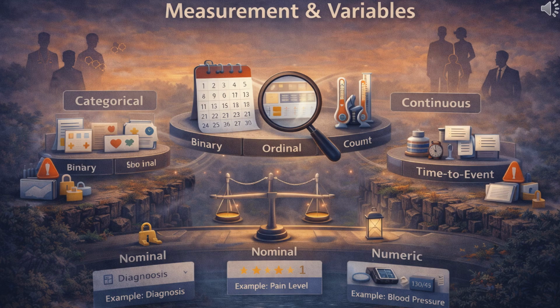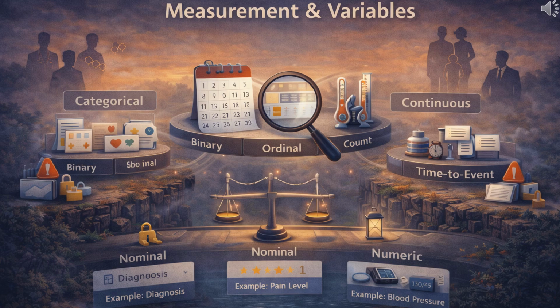For example, including a variable that is unrelated to both exposure and outcome usually does not reduce bias and can sometimes reduce precision by adding unnecessary complexity. Another example, excluding a true confounder because it is not statistically significant can leave bias in the estimate because confounding is about causal structure, not about p-values.